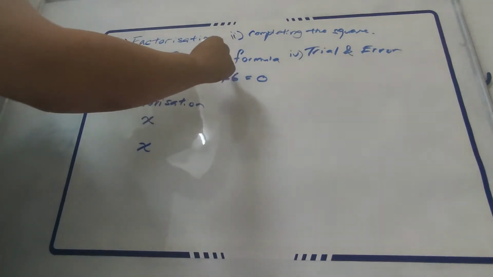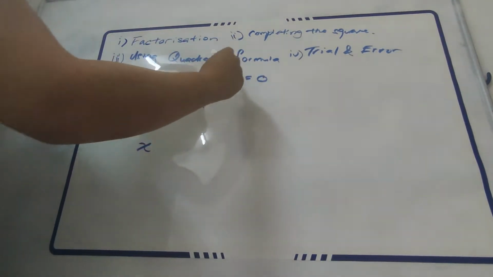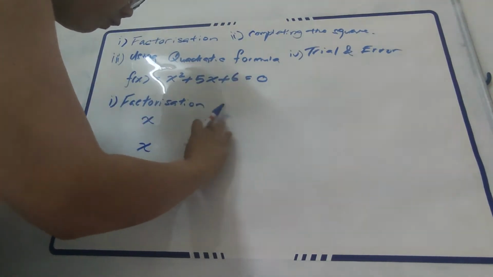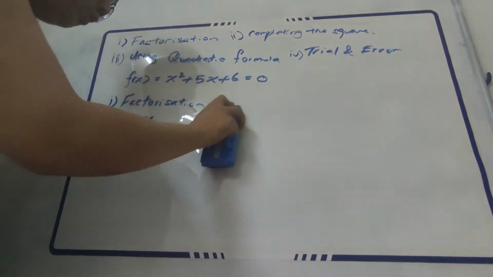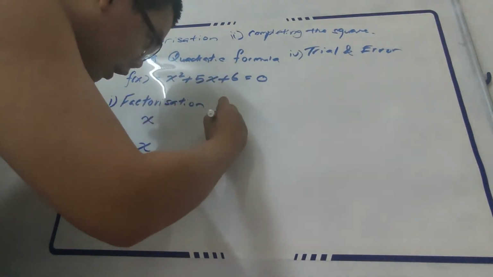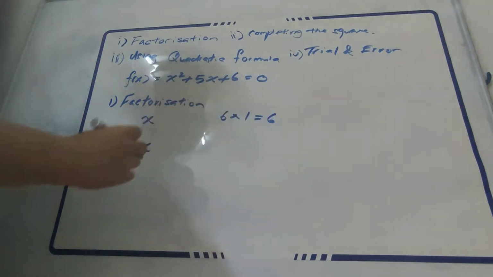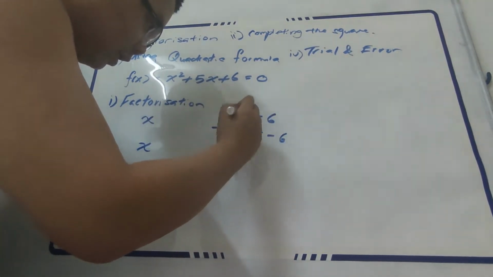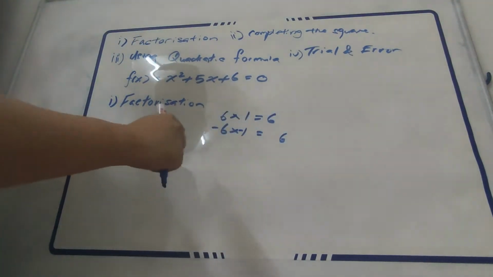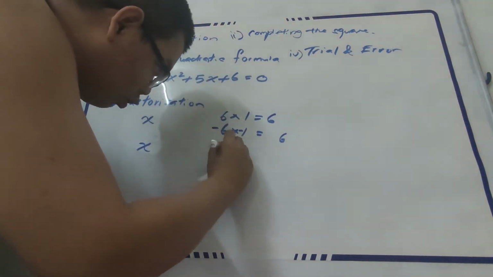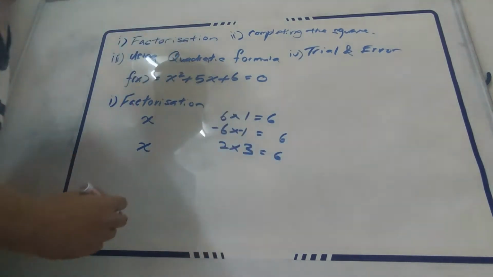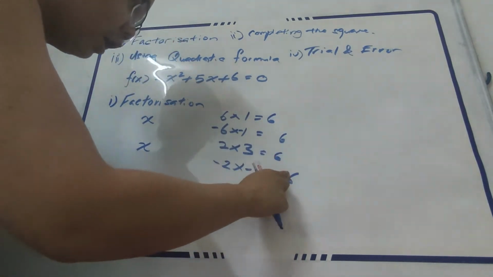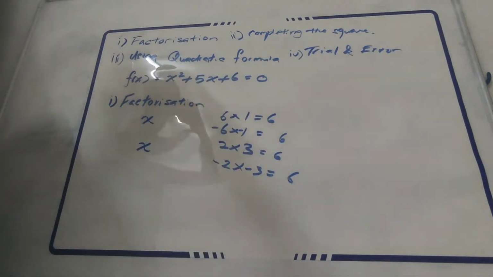You have factorizations: 6 times 1 equals 6, or minus 6 times minus 1 also equals positive 6. Also, you have 2 times 3 equals 6, or minus 2 times minus 3 equals 6 also. Okay, here is a tip.